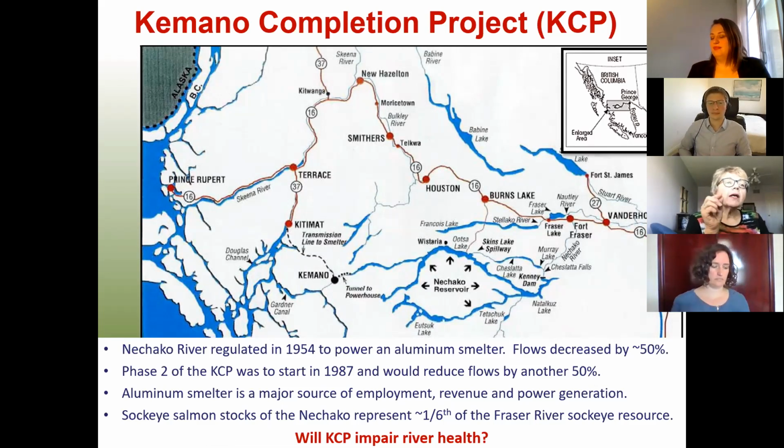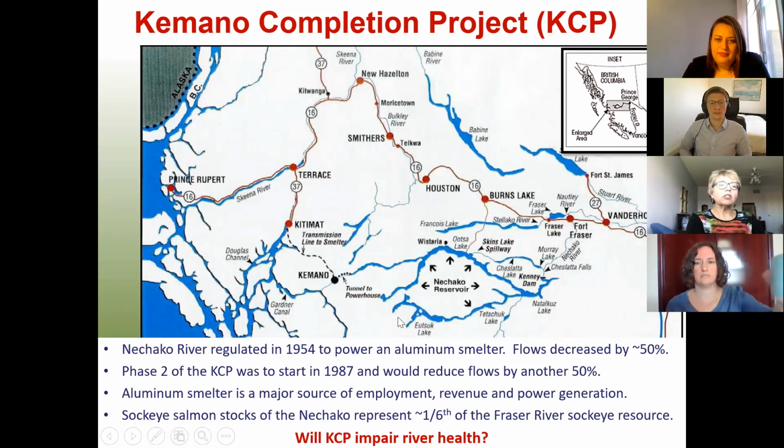A new channel was created and the water flowed from the Nechako River over to this little spot on the map that says Kemano. That was where the hydroelectric power generation station was. There was a drop of about 1,000 meters from the original Nechako River down to Kemano, and that created the hydroelectric power that was then sent up to Kitimat, where the smelter is.